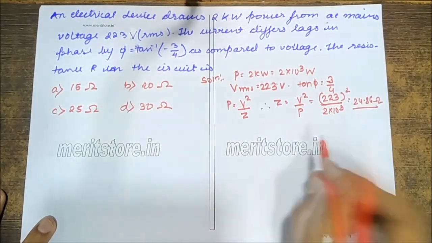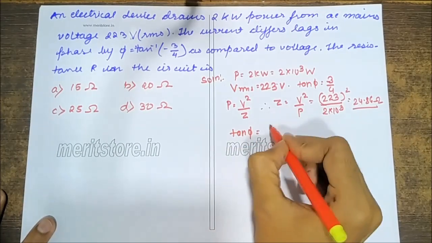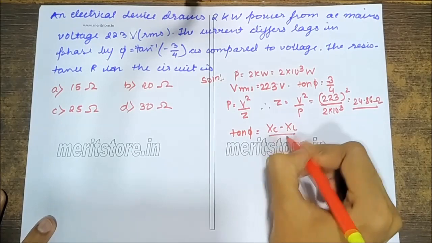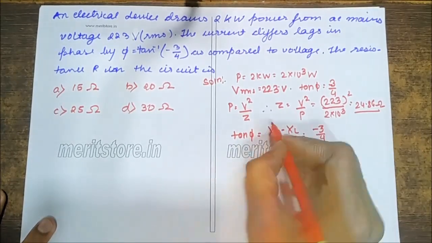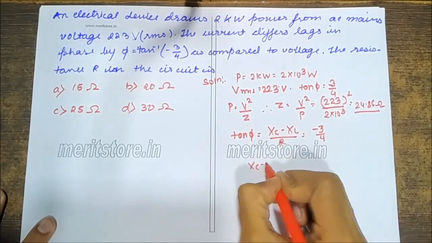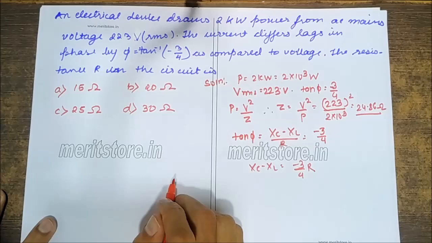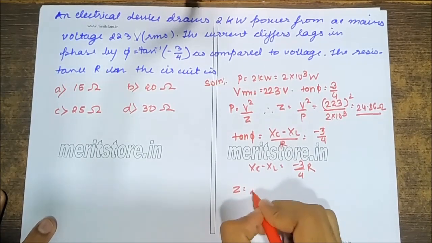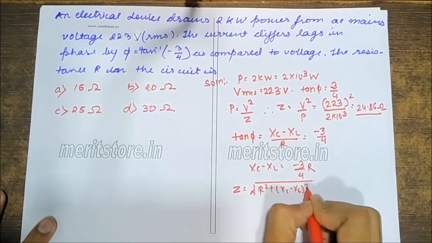We need to find the resistance R. Next, tan phi is nothing but the capacitive reactance minus the inductive reactance upon R, which is minus 3 upon 4. So XC minus XL equals minus 3 upon 4 R. We know that the impedance is given by Z equals under root R square plus XC minus XL the whole square.